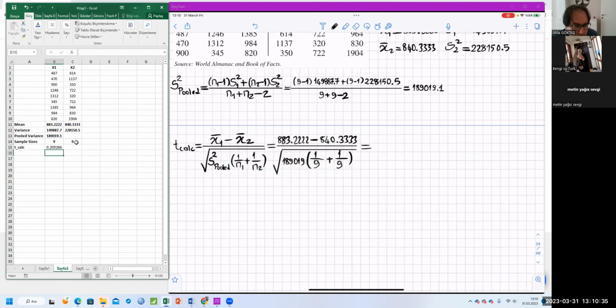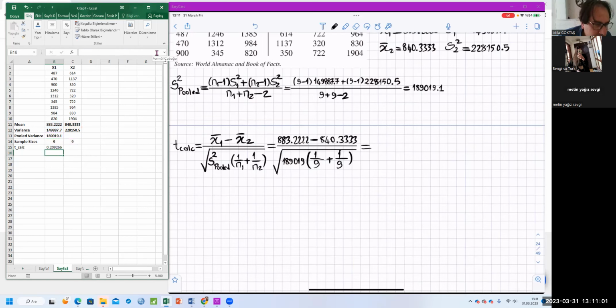I need to find out whether I'm mistaken with something. Let me see. Yeah, no problem. I have correctly written the formula for the calculation of the T statistics, so it's correct.